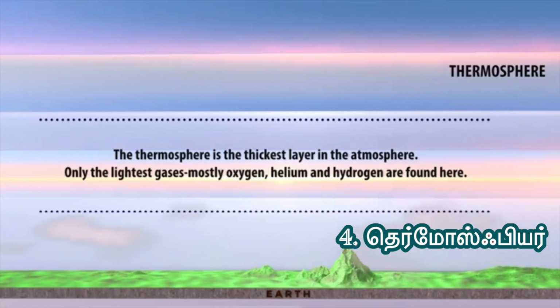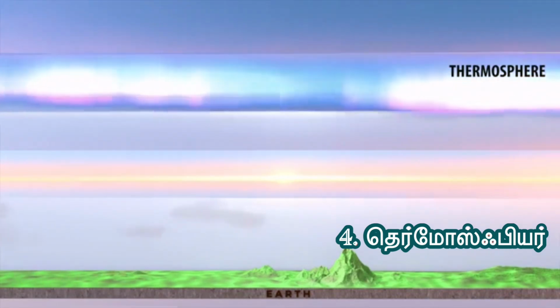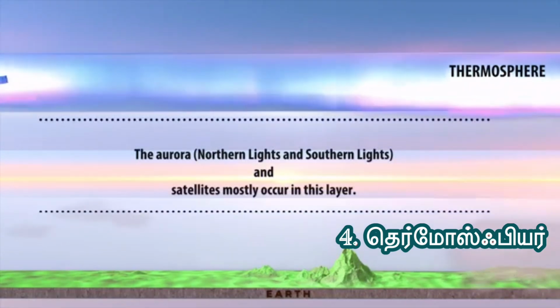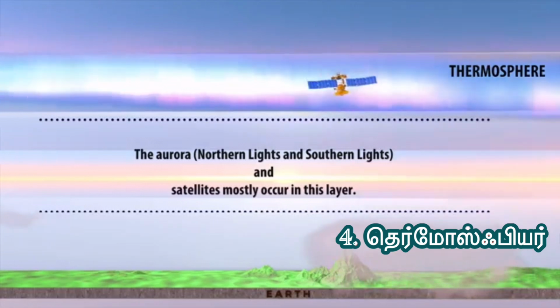And most light gases, like oxygen, helium, and hydrogen, which is one of the lightest gases in the periodic table, are contained in this layer. I think that's why it has a lot of temperature.